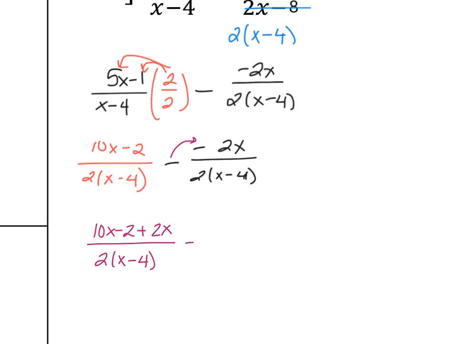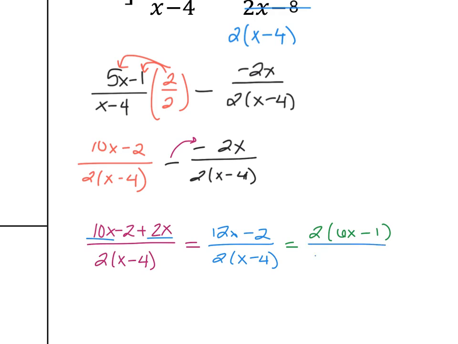Now we're going to simplify, so I can combine 10x and 2x together to make 12x minus 2 over 2 times x minus 4. So the last step in any of these is to make sure you can't factor the top. So the numerator, 12x minus 2, I can see that I can actually divide a 2 from both of those numbers. So the 2 is going to come on the outside, then 12x divided by 2 makes 6x, and then negative 2 divided by 2 makes a negative 1.